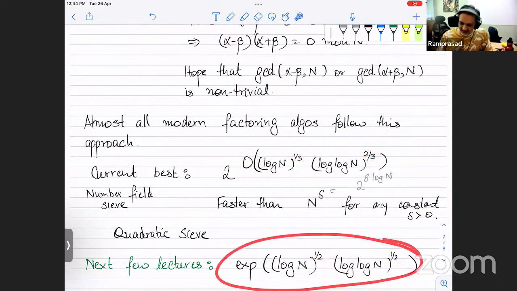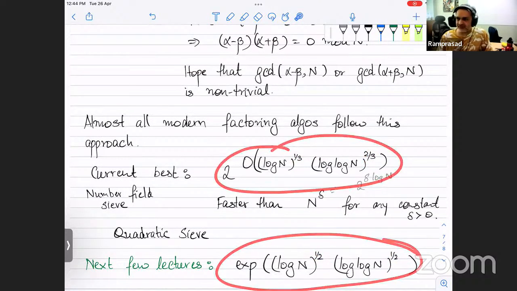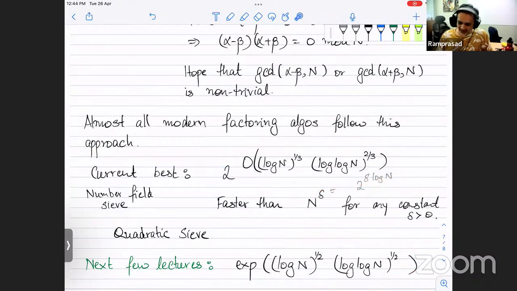So this is a little slower than what I have written above, because here this was log n to the 1/3, whereas it's log n to the half. But nevertheless, this is also faster than n to the delta for every choice of delta. Right? So this is the algorithm that we will see.